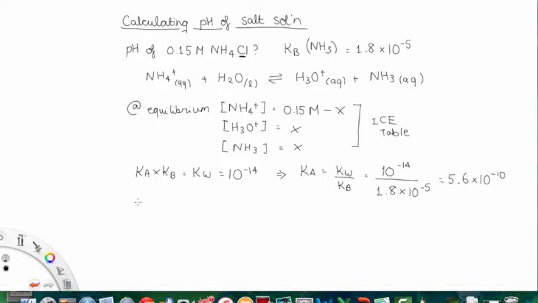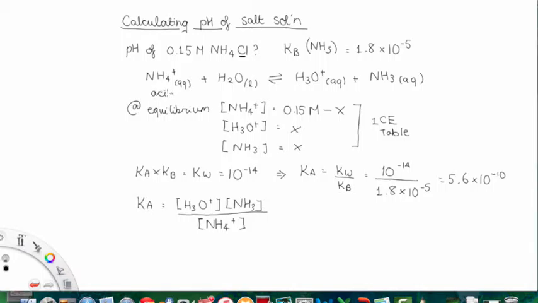So now let's write out the equation for Ka. And this is going to be the concentration of H3O plus, the concentration of NH3 over the ammonium ion concentration. If you want to write out what's the acid and what's the conjugate base, etc., you can also do that.